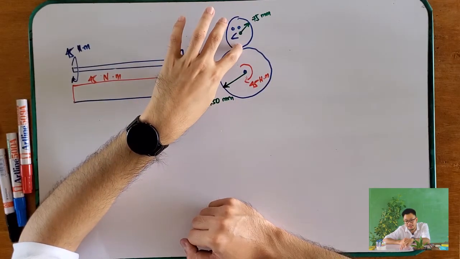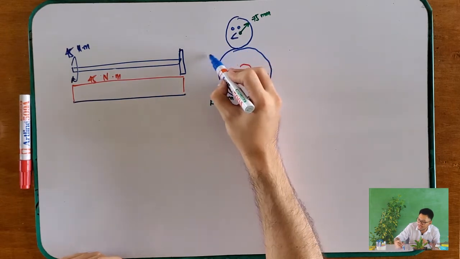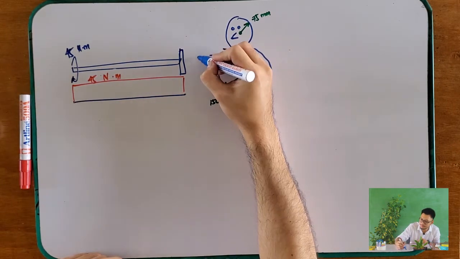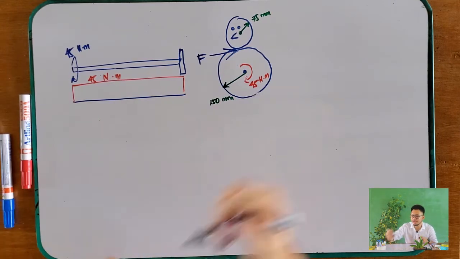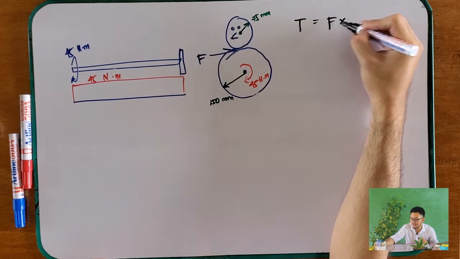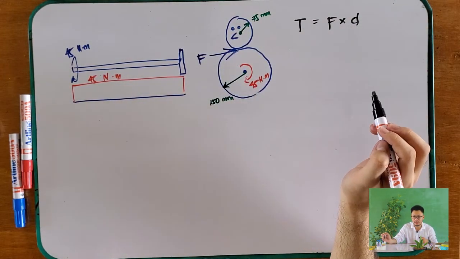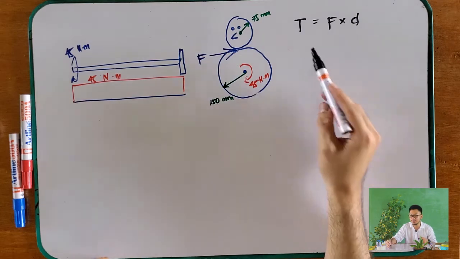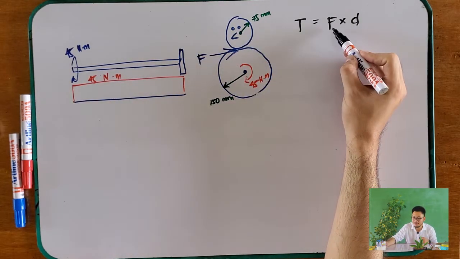Nag-touch sila dire. And then ang common dira is ang force nga gi-apply. Diba? And we knew that your torque is equal to force times distance, or basically that is the radius. Okay? So we can relate both of these two gears by their force.